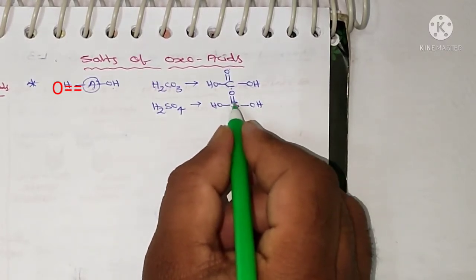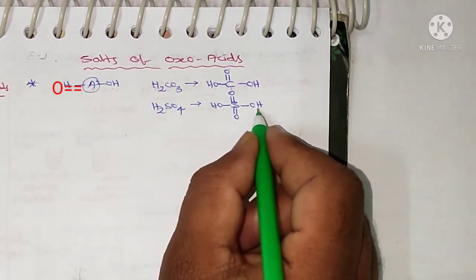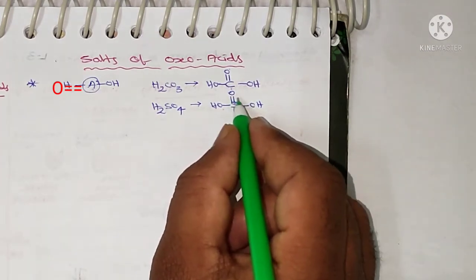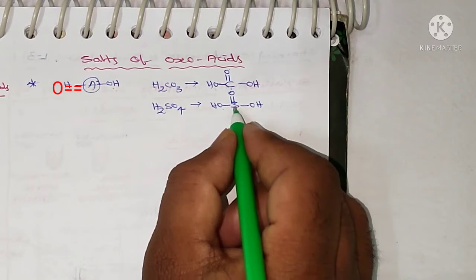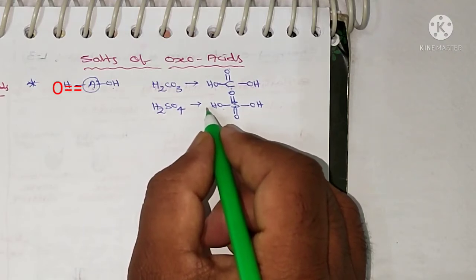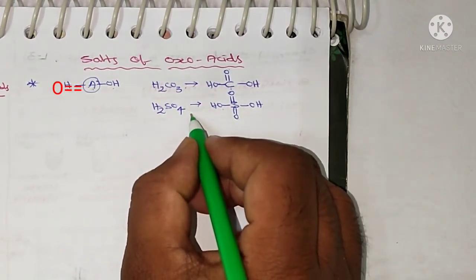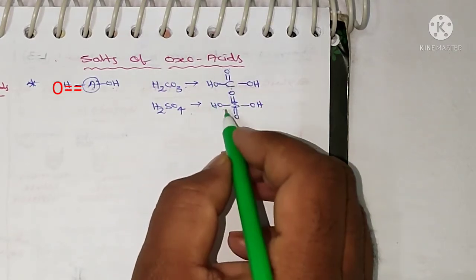So in this compound, the OH group and oxygen group are directly attached to the same atom. So that's why sulfuric acid is also an oxo acid. Carbonic acid and sulfuric acid, both are oxo acids.